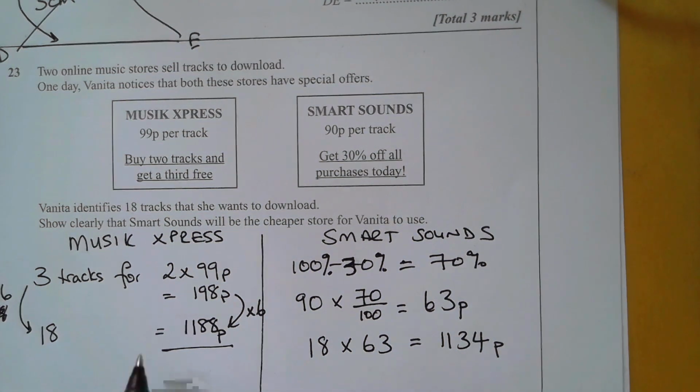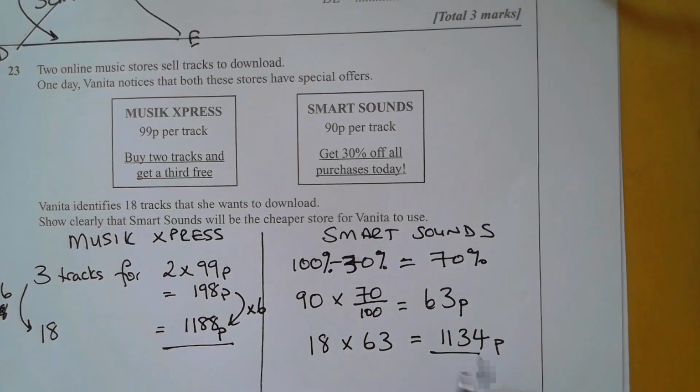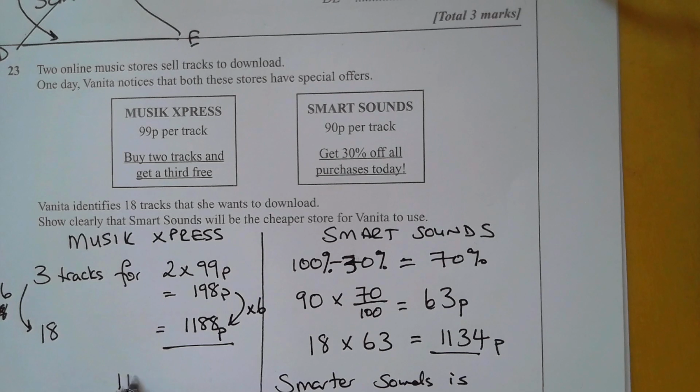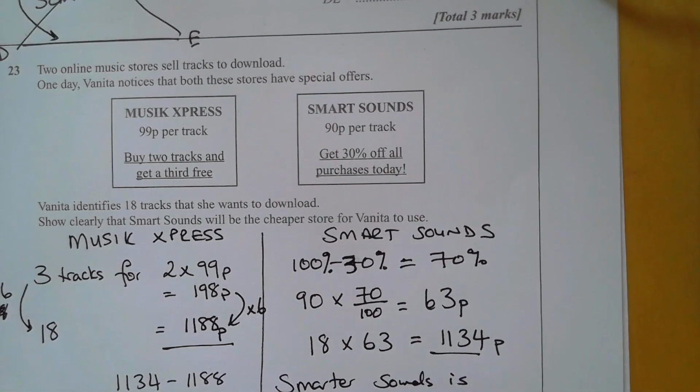So here's 1134, here is 1188. You can see that Smarter Sounds is cheaper. Smarter Sounds is 1188 subtract 1134 equals 54 pence. Smarter Sounds is 54 pence cheaper.